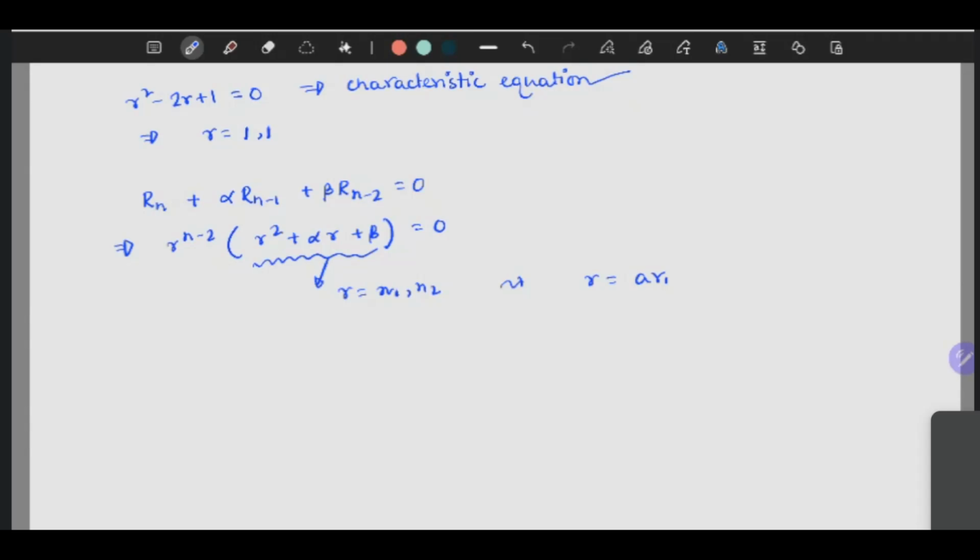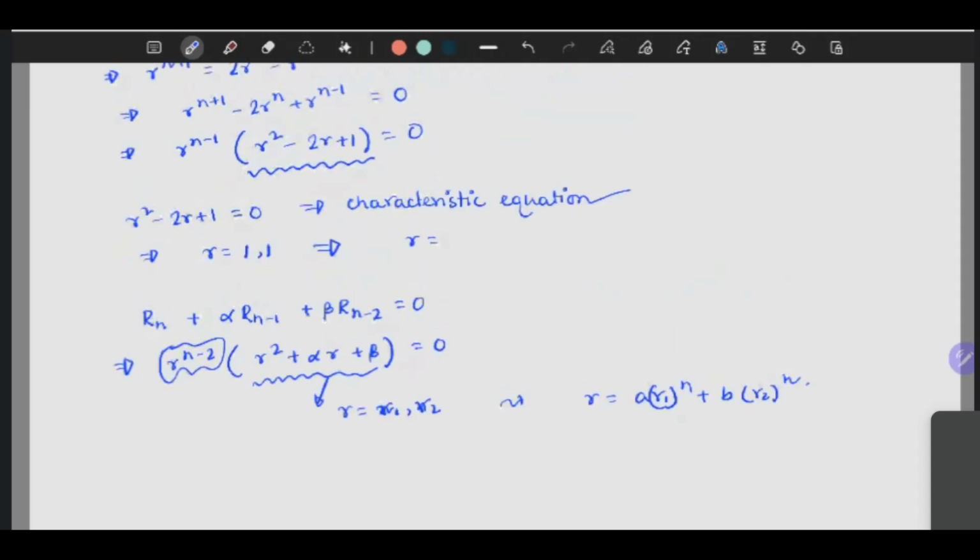So basically your two roots r1 and r2 give a r1 to the power n plus b r2 to the power n, like this. We never worried about this term because you can add these things. But whenever you get two equal roots, then your characteristic equation will have solutions like this.